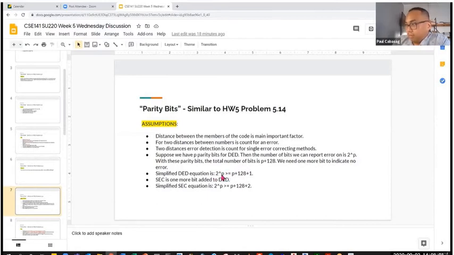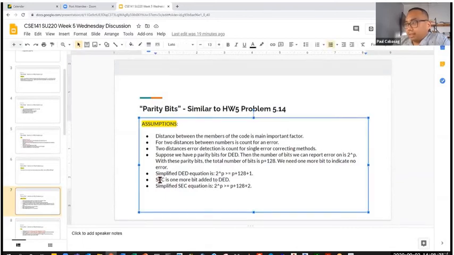What I would do is find the P that would be the minimum to satisfy this, and that's how you get the minimum number of parity bits, because it's asking for the minimum number. It's asking 2 things: for the DED and the SEC, you just add 1 more bit to what you get here, or you can solve the same thing with 1 added here.